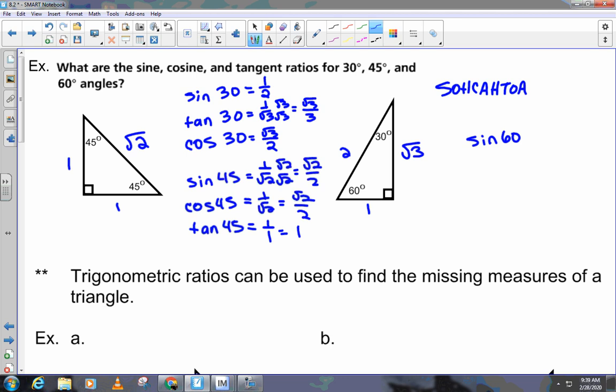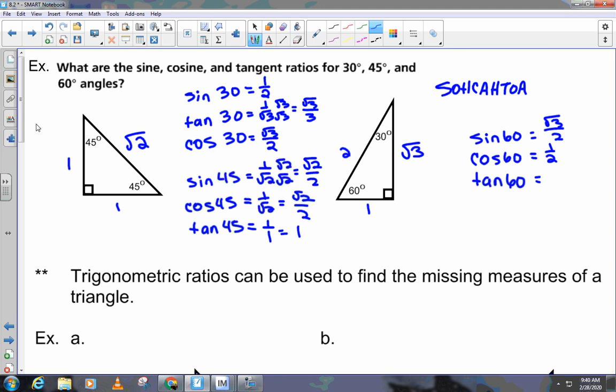Sine of 60, cosine of 60, and tangent of 60. Okay, so the sine of 60 would be what? Radical 3 over 2. Cosine of 60, adjacent over hypotenuse, that's 1 over 2.